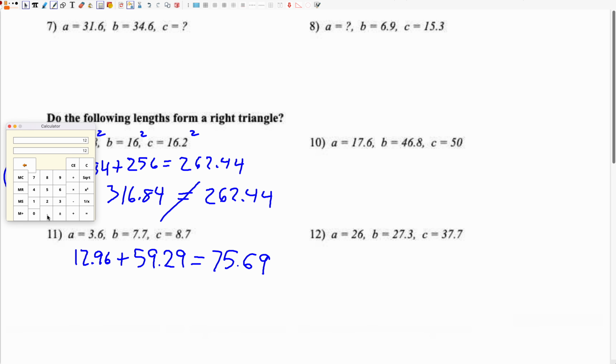So 12.96 plus 59.29 equals 72.25. Does not equal 75.69. So this one again is a no.